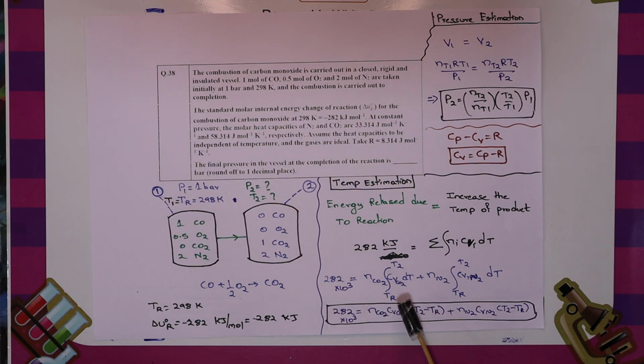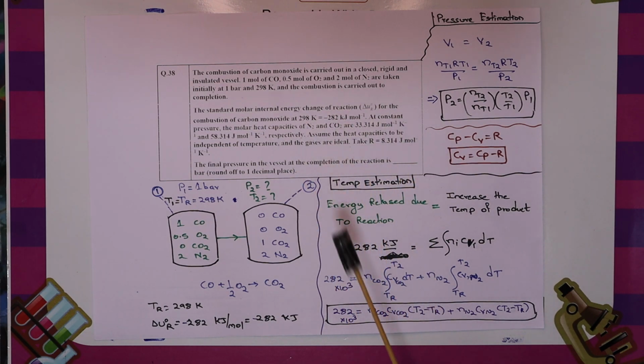So n of CO2 times the integral from Tr to T2 of Cv of CO2 dT, plus moles of N2 times Cv of N2, integral from Tr to T2 dT. Using these relationships, I know the reference temperature, which is 298 Kelvin. I know the moles of CO2. I can calculate Cv of CO2, because the information is given in terms of constant Cp.